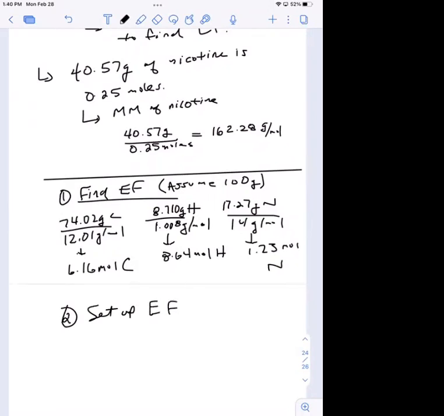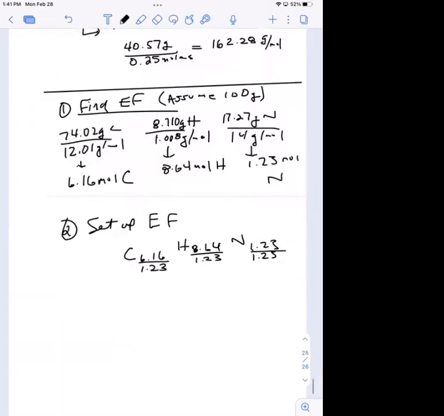We can set up the empirical formula, can't we? We say C is 6.16, H is 8.64, and then N is 1.23. What are we going to divide by? The lowest one, which is 1.23. All right, what do we have for the empirical formula?